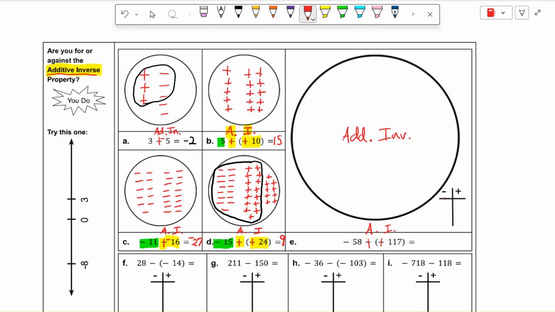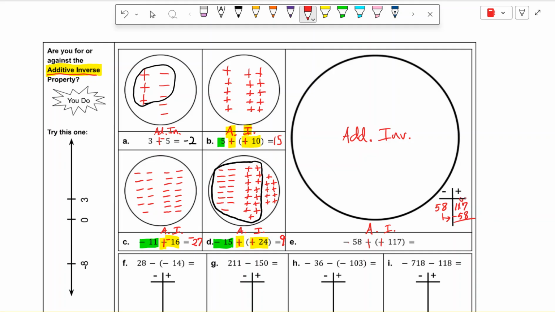Okay, so we use the additive inverse. Now we're going to flip over to the T-chart. Way easier to handle than drawing 58 negatives and 117 positives. So the 58 negatives go on the negative side. The 117 positives go on the positive side. There are more positive signs than there are negative signs, so these are going to go over and subtract. So 117 minus 58.